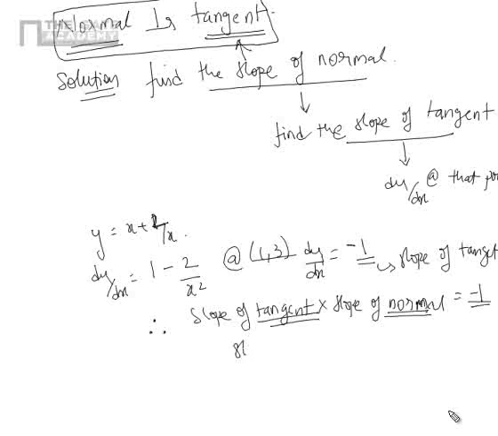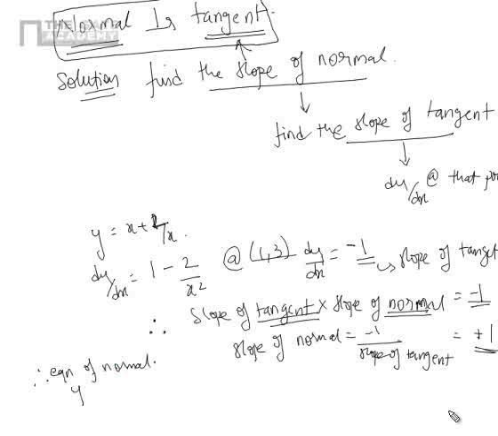So, slope of normal will be equal to minus 1 by slope of tangent, that is nothing but plus 1 now. Therefore, equation of normal will be what? Y minus y1, that is 3, is equal to 1 into x minus 1, that is nothing but y is equal to x minus 1 plus 3, which implies y is equal to x plus 2. This is the solution.